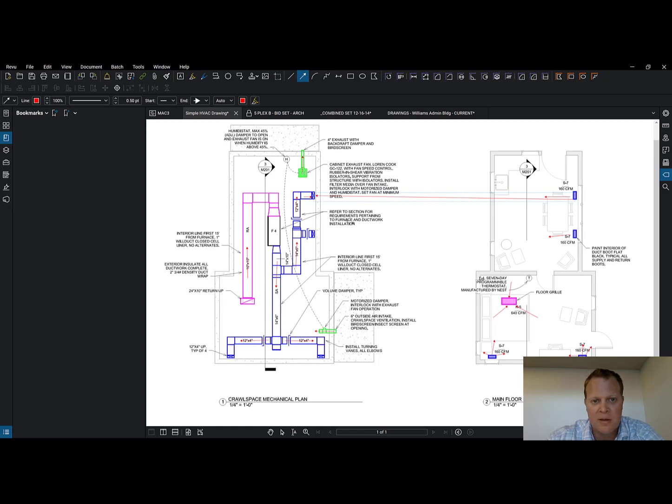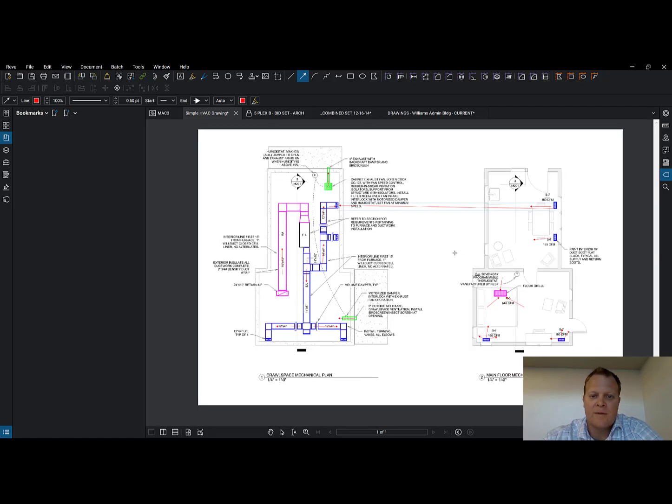That's the crawl space. So that's the register for that end of that duct run. Here's the register for the end of this duct run. Here's the floor grill for that return air, right? And then that duct is this, this diffuser is associated with that. Hopefully you got that.